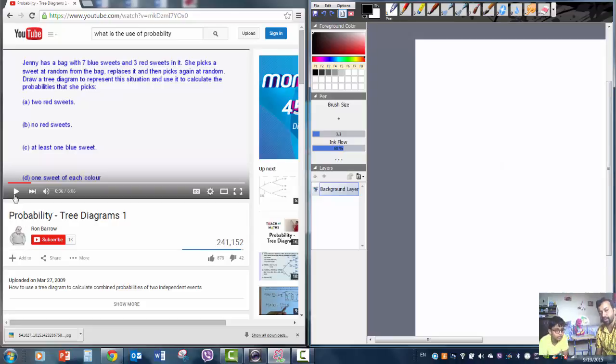How do you think they're going to start the tree diagram? I think they're going to say there are 10 balls in total. Okay, so write down 10.